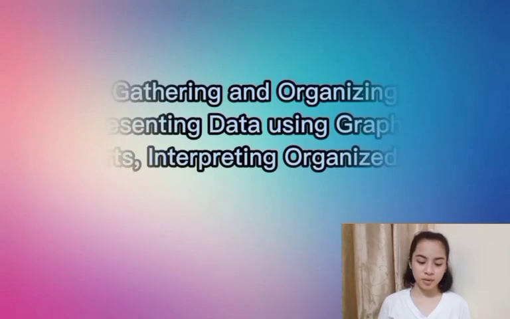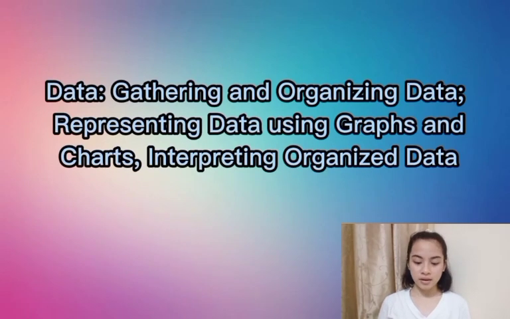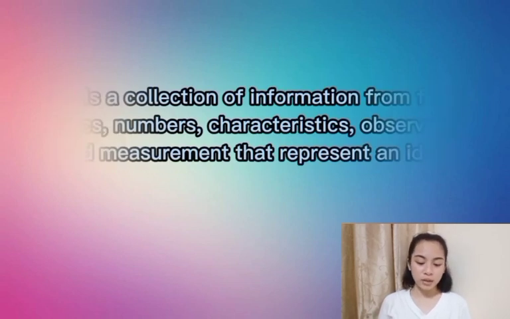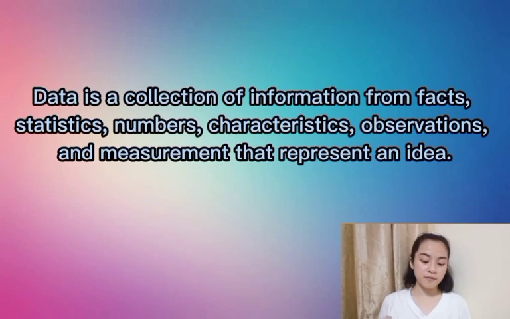Under data management, I will discuss data gathering and organizing data, representing data using graphs and charts, and interpreting organized data. So data is a collection of information from facts, statistics, numbers, characteristics, observations, and measurements that represent an idea.